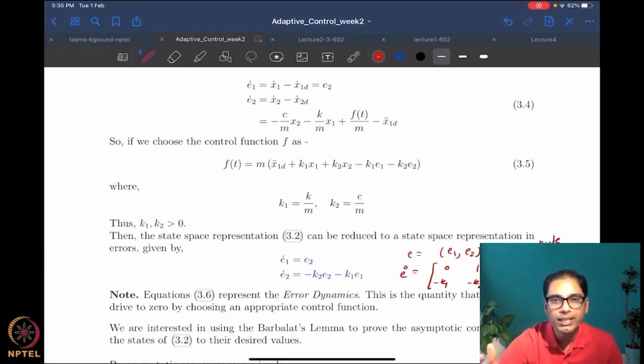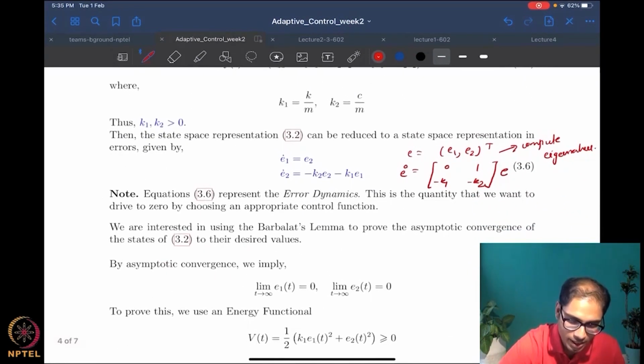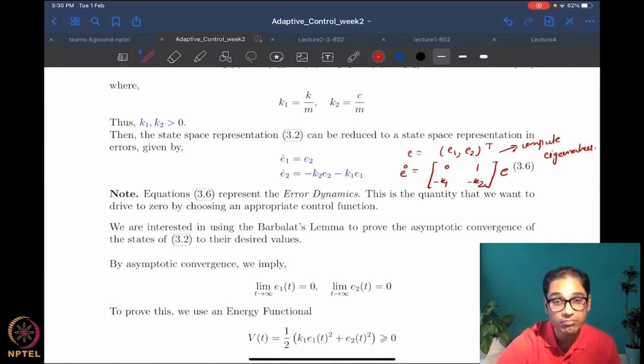You can do many things once you have this sort of equation. You can write the characteristic polynomial and use the Routh-Hurwitz criteria. Many of you might have done it in your typical first basic control systems course. But in this case, I can also compute the eigenvalues directly.